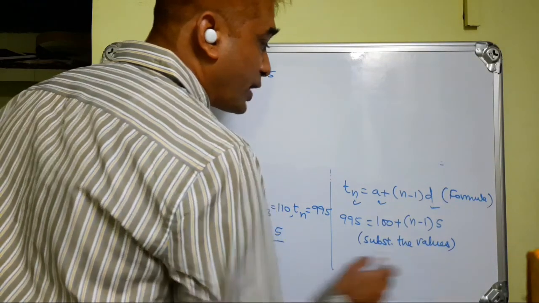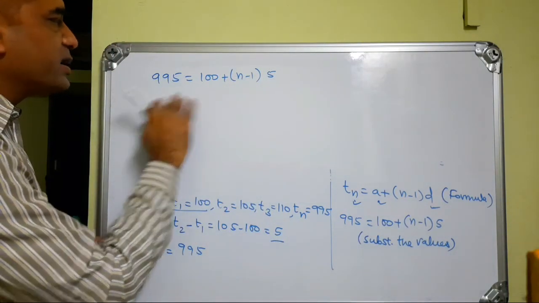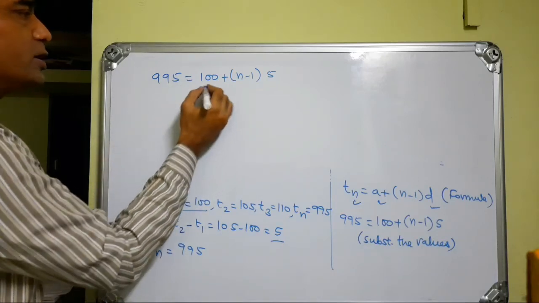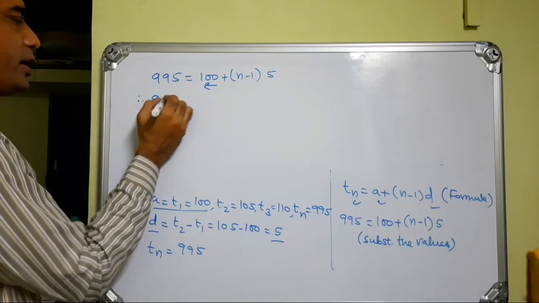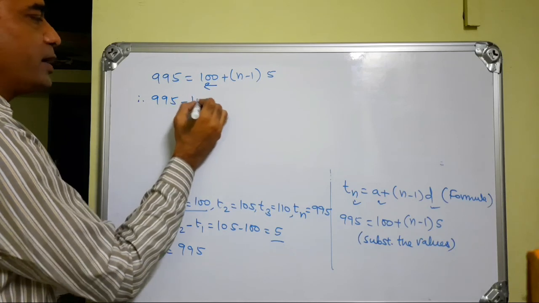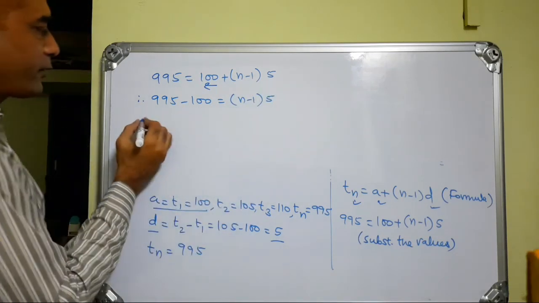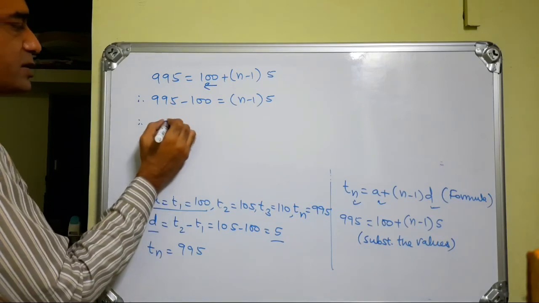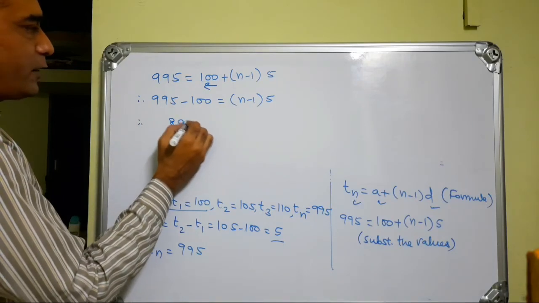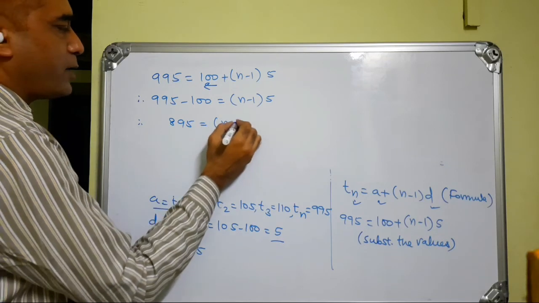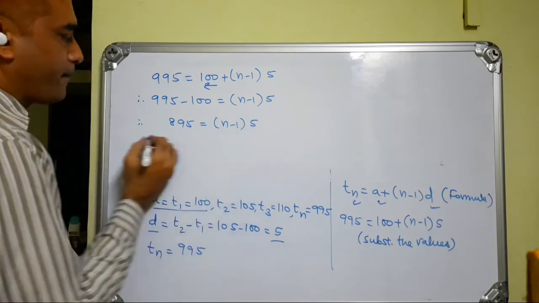So 995 minus 100 equals (n minus 1) into 5. Therefore this difference is 895 equals (n minus 1) into 5.